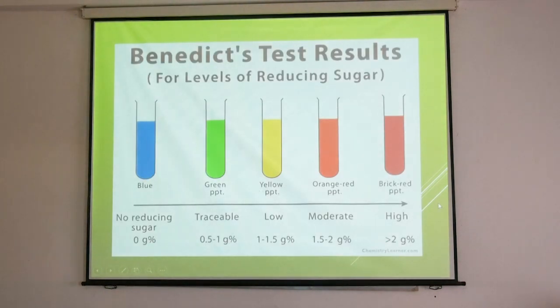Depending on the color, we can more or less say what amount of sugar may be present in the urine. So with this Benedict's test, we can identify whether glucose or reducing sugar is present or absent, and we can also estimate the approximate amount of that reducing sugar present. That's why it is called semi-quantitative. There are two kinds of tests: one is quantitative and another is qualitative.